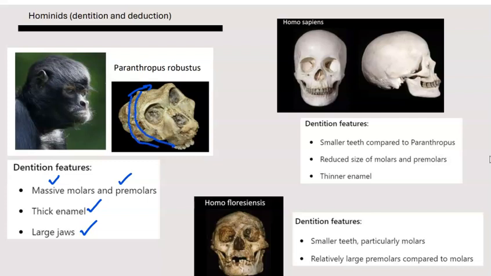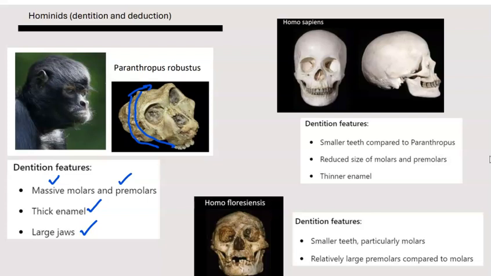very powerful jaws. Now we know that with nutrition based on plants, uncooked plants would require significant grinding and molar action.